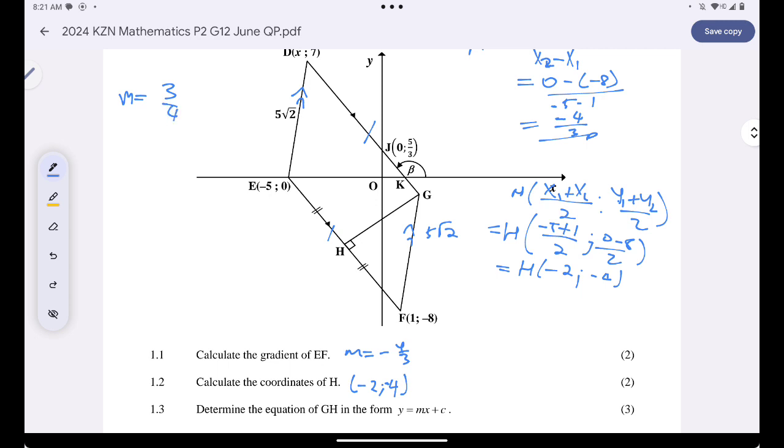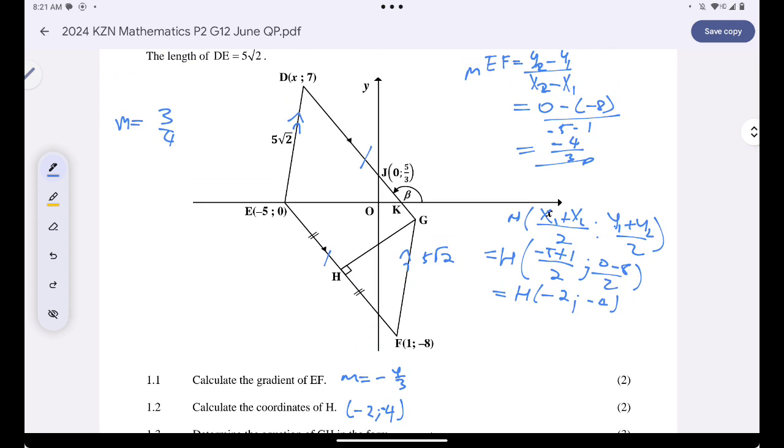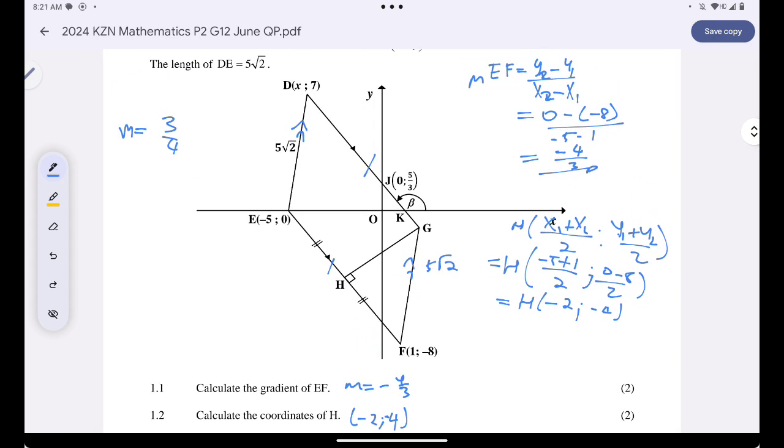Why? Because whenever I take lines which are perpendicular, the product of their gradients is negative 1. So if one line is perpendicular to the other and I have the gradient of one line, I can find the gradient of the other line by just flipping the gradient around and changing the sign.